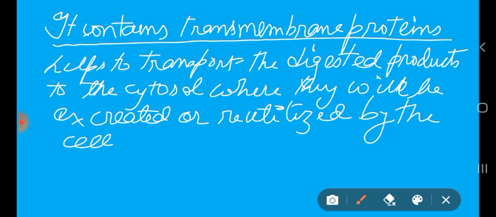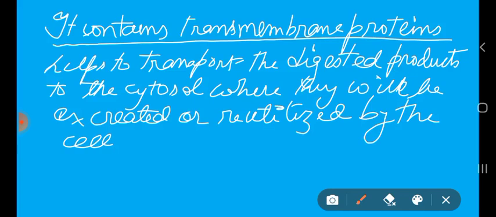They utilize the energy released due to ATP hydrolysis, and with the help of ATP they pump the H plus ions into the lysosome, thus maintaining the lumen, that is the interior empty portion of the lysosome. Acidic pH of about 5 has to be maintained inside.